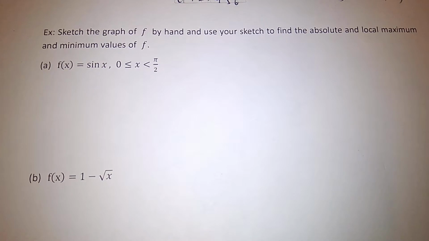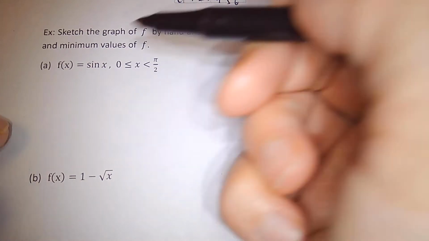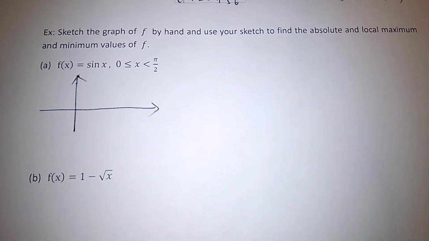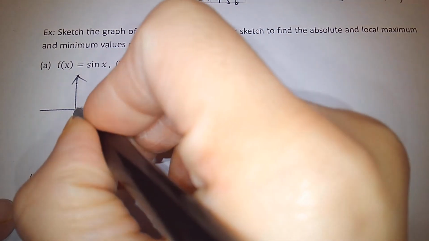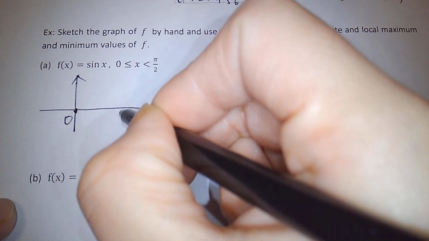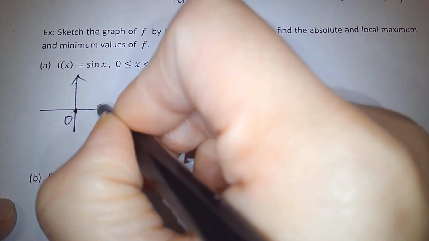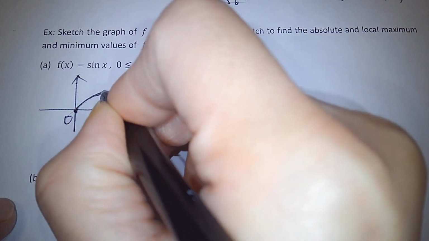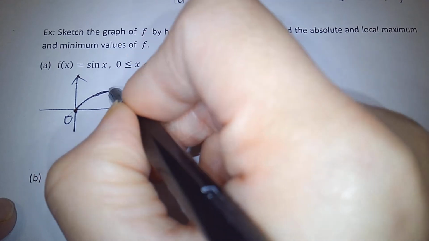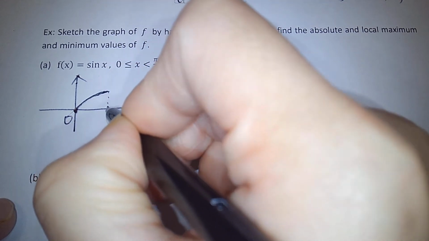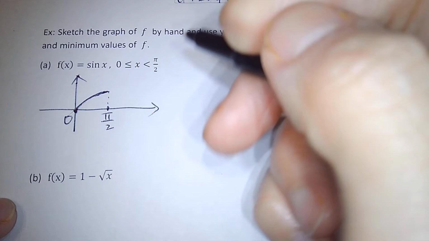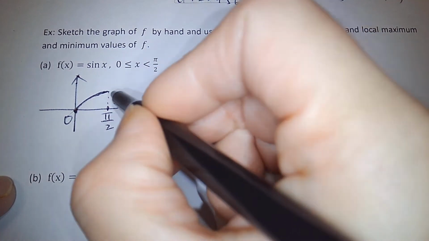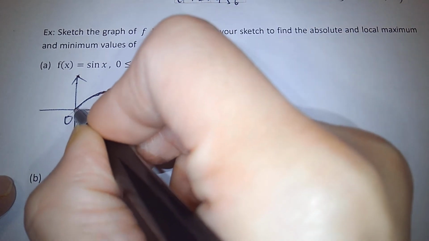Do you know how to graph the sin function? Start from the origin, right? Every 2 pi is a cycle, right? But our domain for the function is only from 0 to what? Pi over 2, right? And 0 is included in our domain and pi over 2 is not.